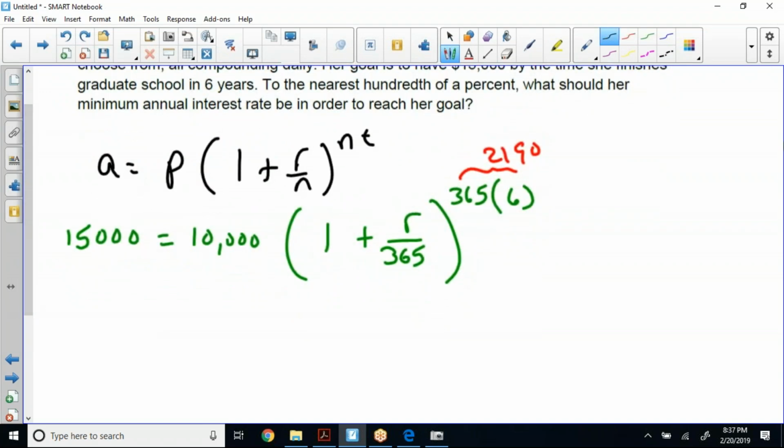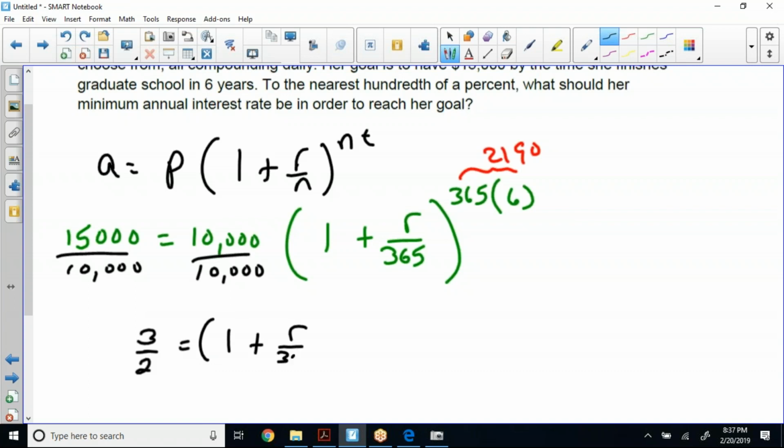So there's a couple of things we're going to do first. We're going to divide both sides by 10,000. Really that becomes 3 over 2, which simplifies to 1.5, on one side, and 1 plus R over 365 raised to the 2190 power on the other.